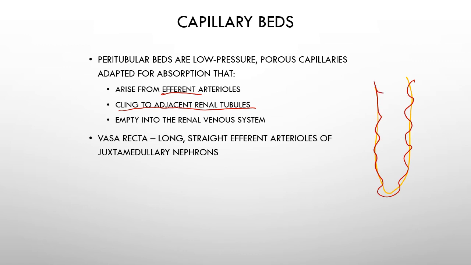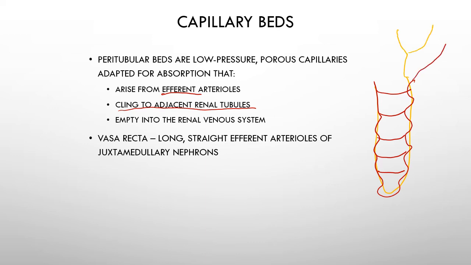And on those juxtamedullary ones, we also have blood vessels that essentially connect both sides. And so this is what we call the vasa recta. And so the vasa recta, as it comes in there, tubule goes up to our capsule.